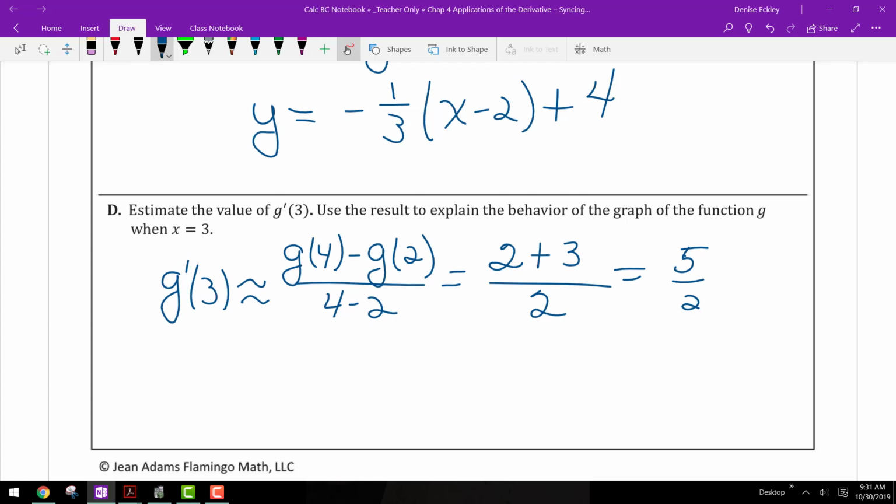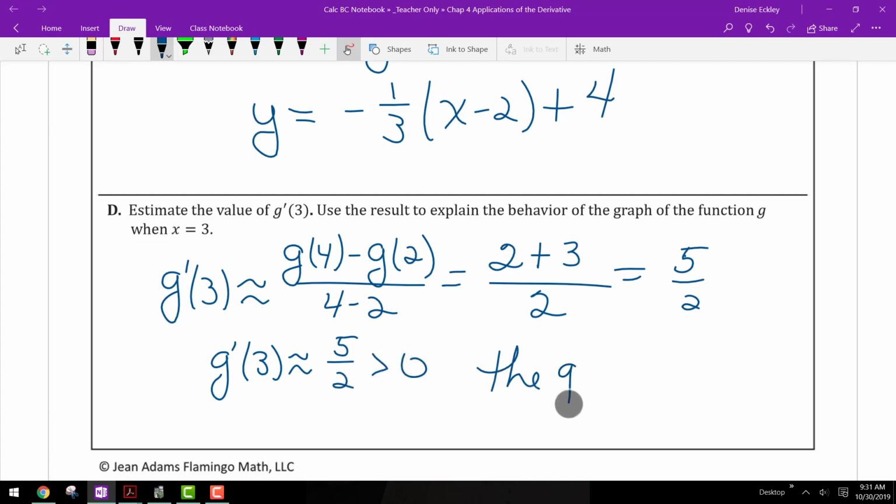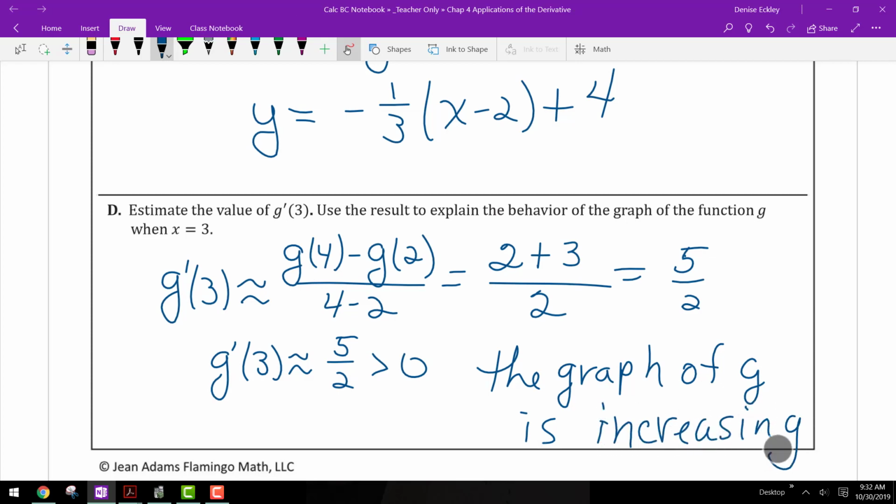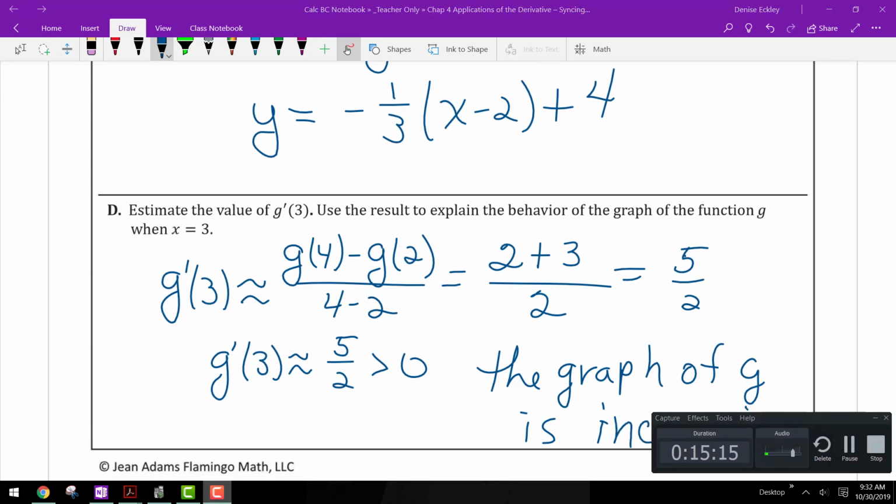Since g prime of 3 is approximately equal to 5 over 2, and that's a positive number, the slope is positive, so the graph of g is also increasing. Just trying to tie together everything we've done so far. And this is the end of lesson 4.